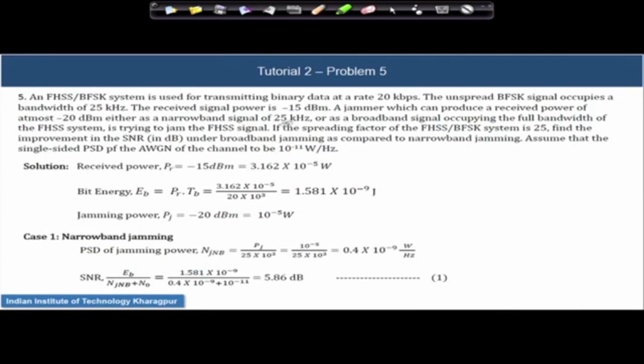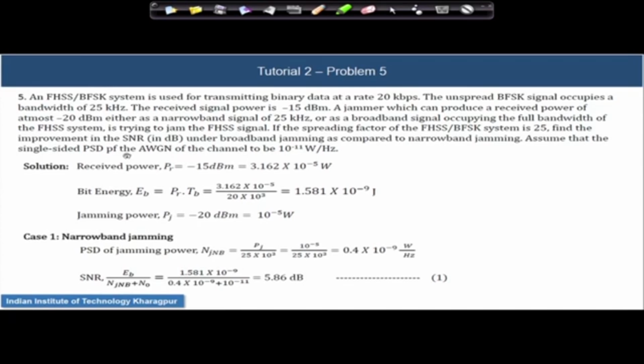One is this jammer can operate as a narrowband signal with 25 kilohertz bandwidth, or it can also occupy the entire spread signal bandwidth. So that would be a kind of broadband jammer. The spreading factor is specified as 25. So straight away we see that 25 kilohertz, the unspread bandwidth, multiplied by the spreading factor gives us the total spread bandwidth, which would be 625 kilohertz.